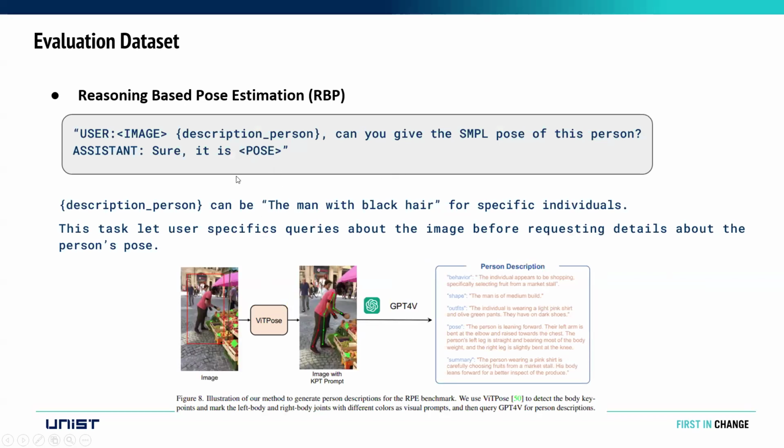And the other task for evaluating PoseGPT is reasoning-based pose estimation. This task allows the user to specify a specific query before asking PoseGPT to generate a human pose. As you can see here, the user might ask PoseGPT to generate a human pose for the man with black hair.